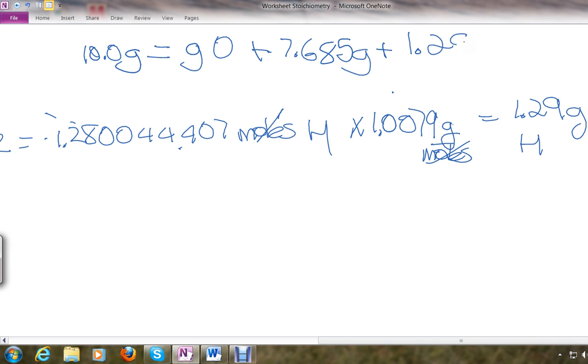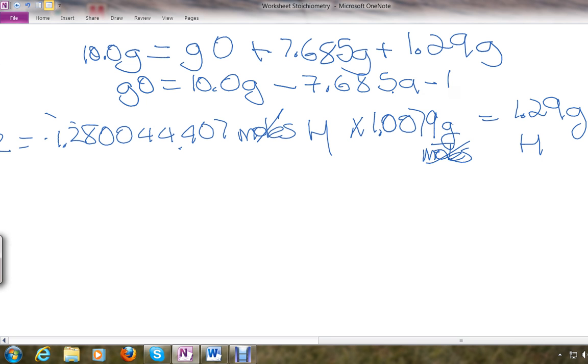Now what we're gonna do is just subtract. So it would be 10.0 grams minus 7.685 grams minus 1.29 grams, which gives the grams of oxygen.